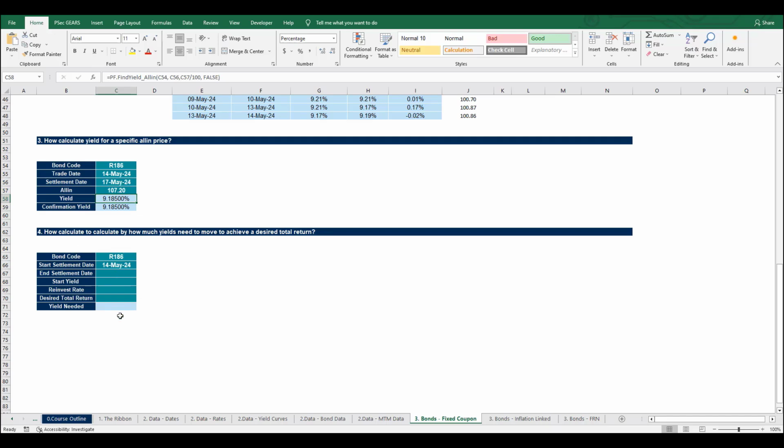And conversely, we might want to find by how much yields would need to move for a bond for a total return to be achieved.